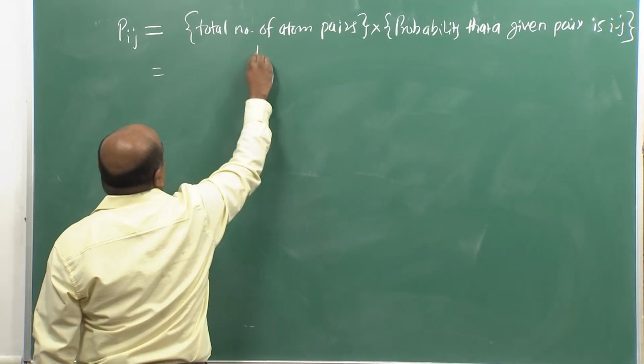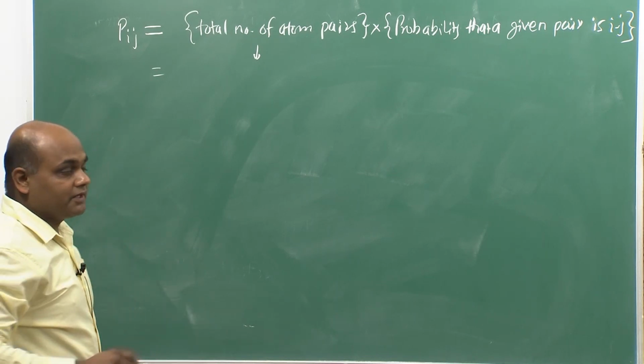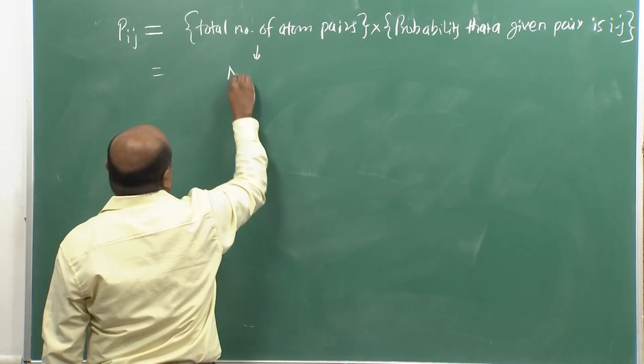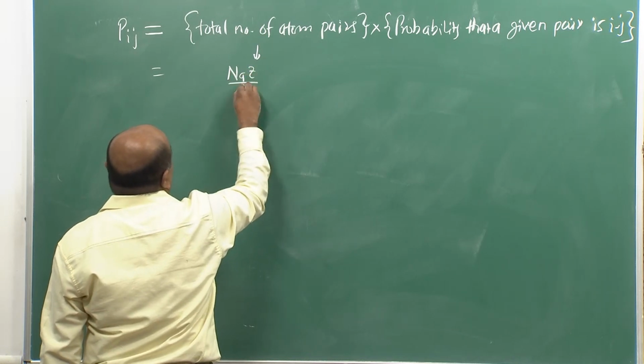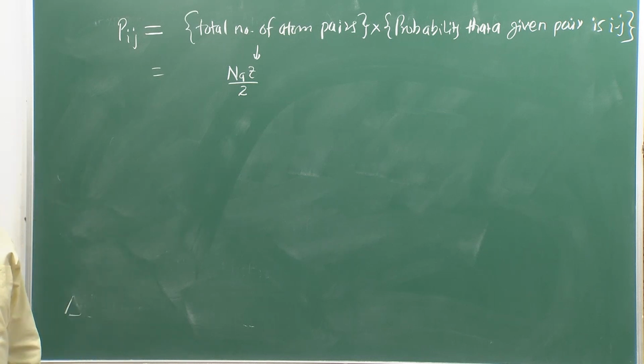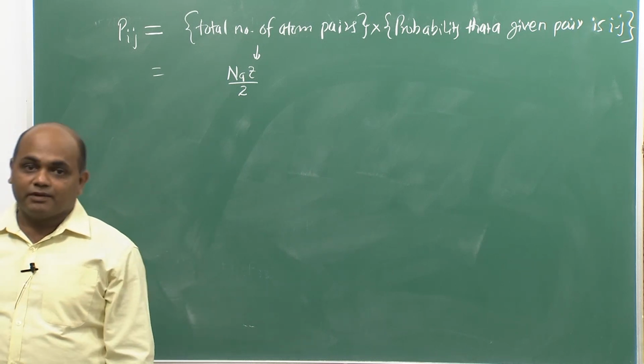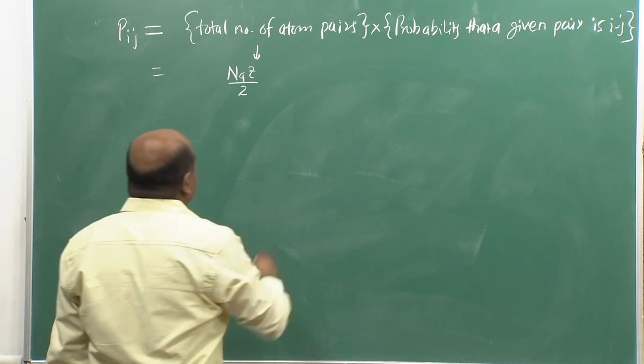So, this first term will be how many total number of atom pairs will be there? This will be simply NaZ by 2, right, total number of atoms times number of bonds per atom, and since we are counting each bond twice, we divide by 2. What will be this?